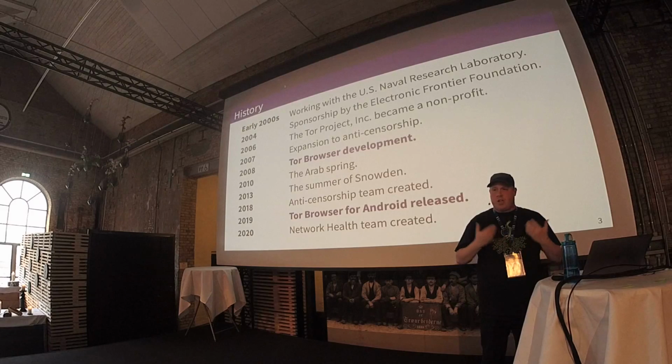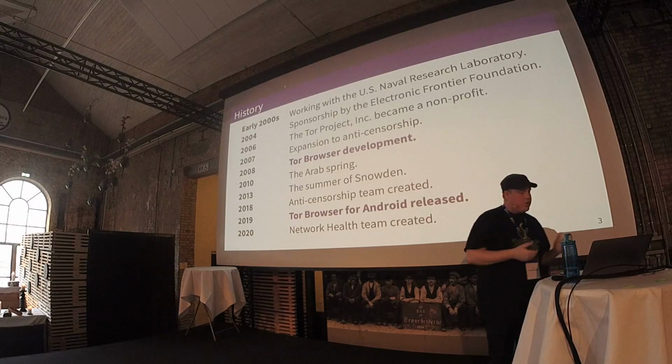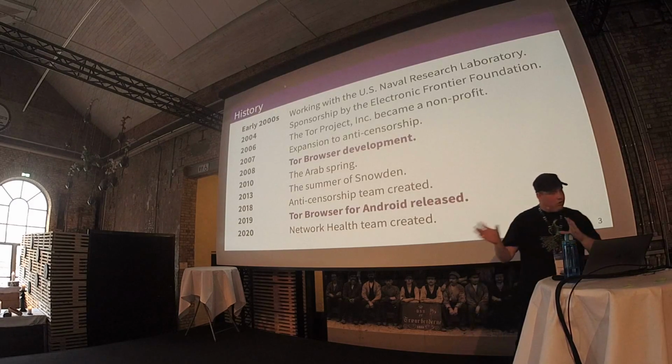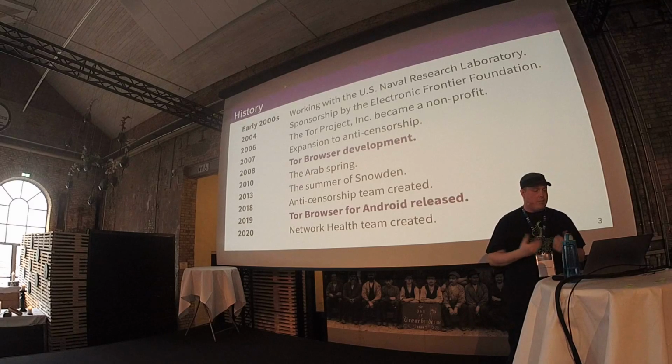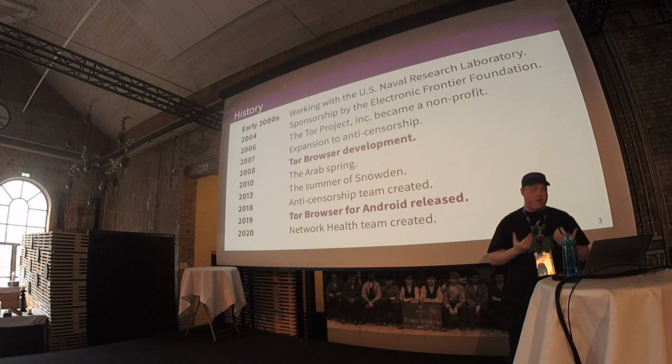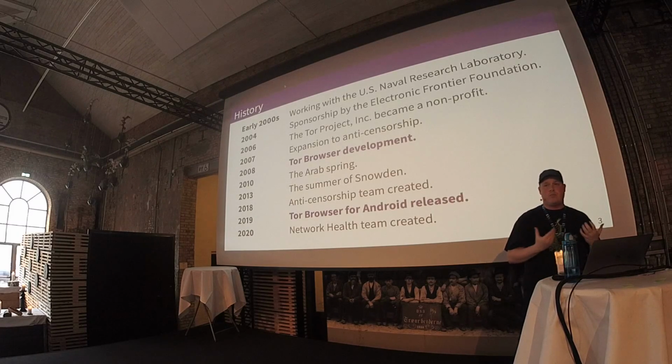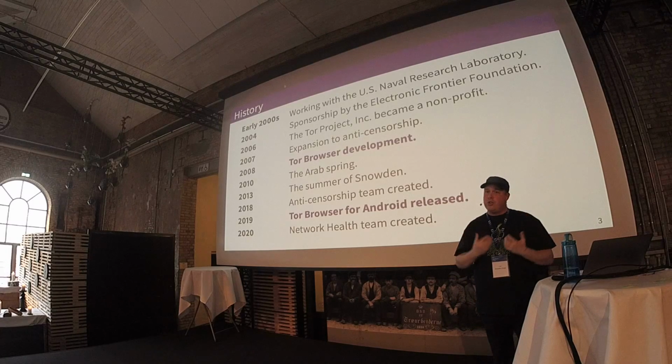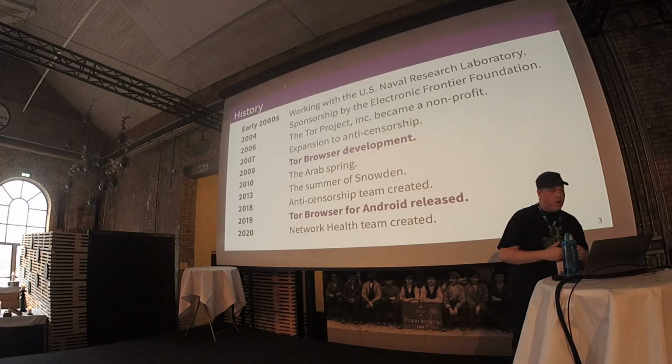In 2006, we became a nonprofit. We expanded to anti-censorship the year after. That was also not something we're going to talk much about today, but that was part of the presentation at last Driving IT. TorBrowser development began in 2008 because people realized that it was not enough to just build the network anonymity part. We also needed to build something that protects users when they're actually using a web browser.